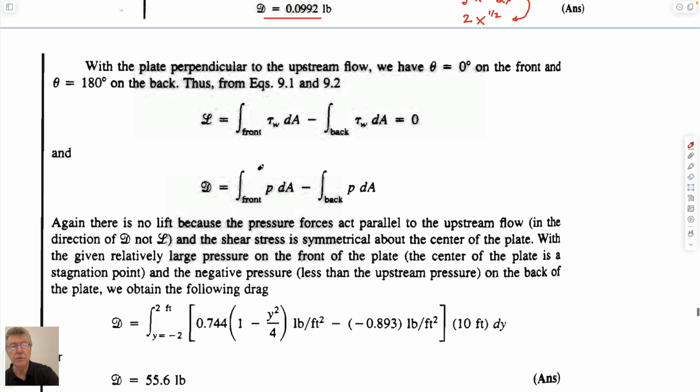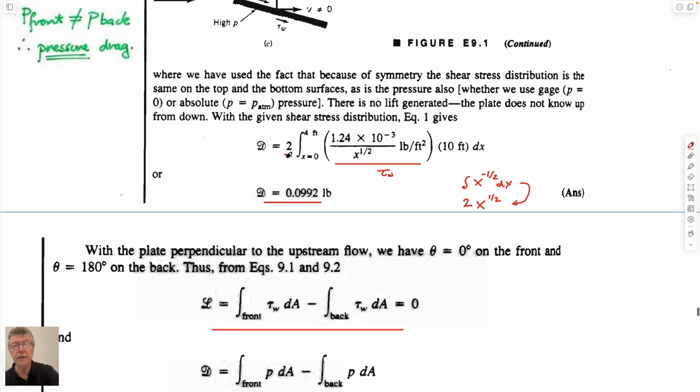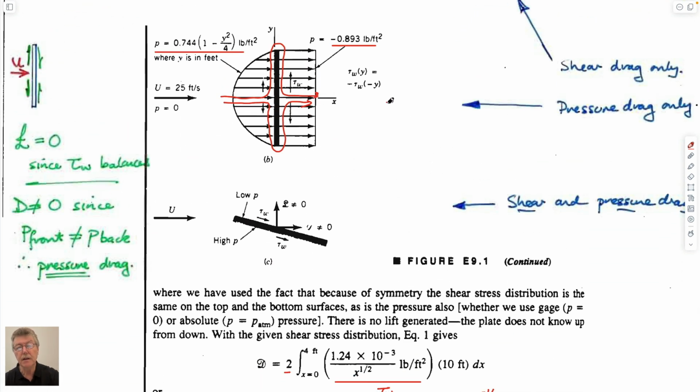So you could imagine that the lift from the front and back, the distribution of shear stresses on the front and the back, would directly cancel each other. They'd be equal to 0. Right? I don't know what the shear distribution would be, but if you had a plate like this, you might have a shear force here, and you might have a shear force here, and this and this.